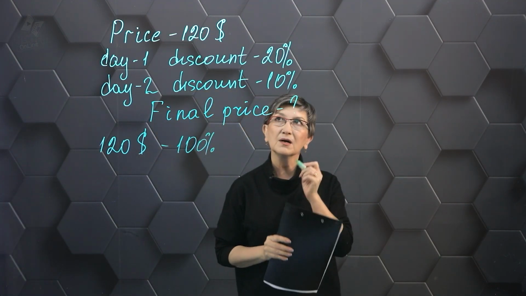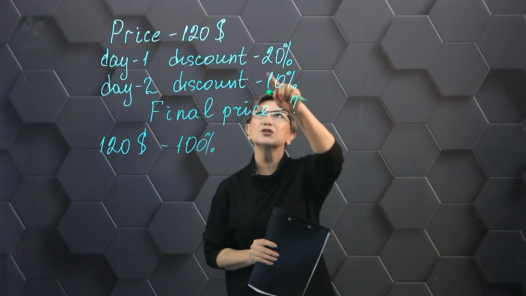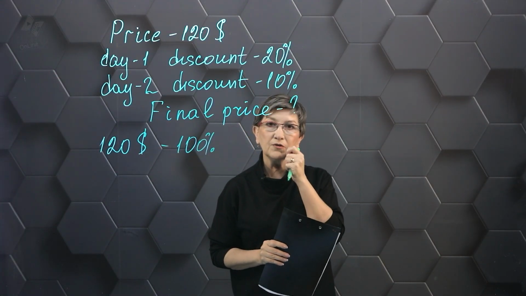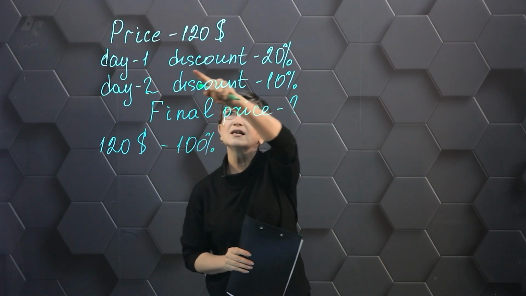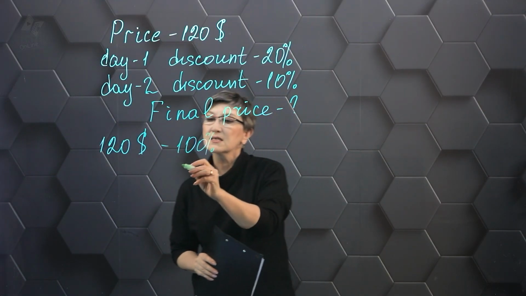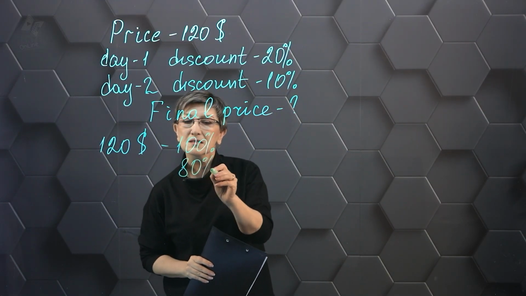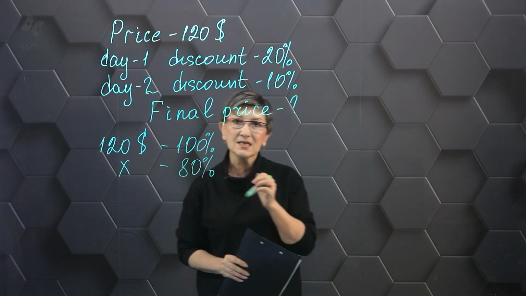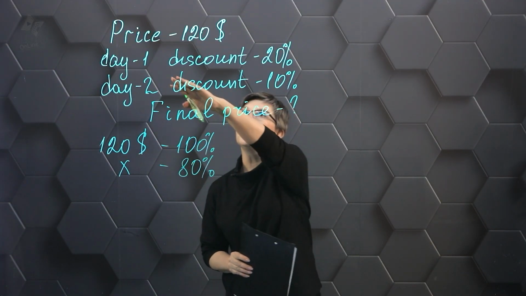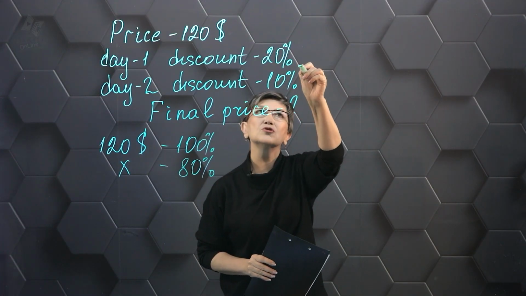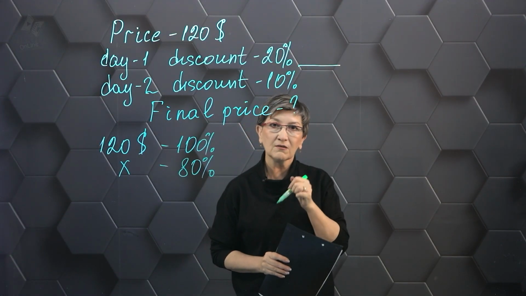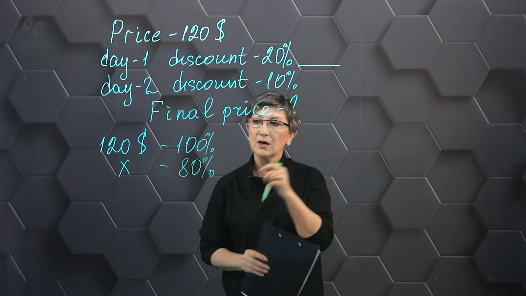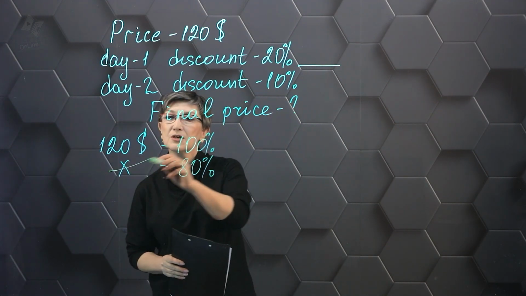Then let's remember how we solved this type of problem. If the discount was 20%, then after the first discount, the price of the product became 80%. So we need to find the price of the goods after the first discount. We have written down this condition, and now we solve it with the help of proportion.